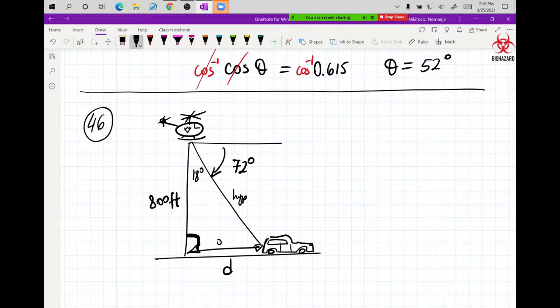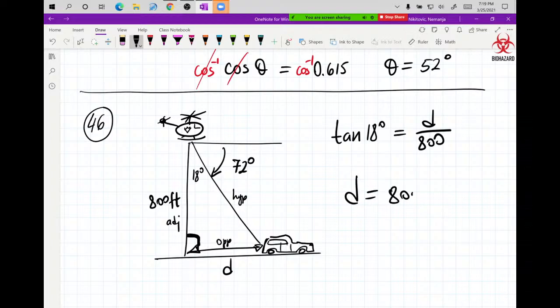Okay. So once we dealt with that, if you want to use that angle as 18, then this is your opposite and this is your adjacent. So there's your tangent of 18 is equal to opposite over adjacent. So the distance is 800 tangent 18 degrees. You have to put the little circle for degrees because without it, it's radians.